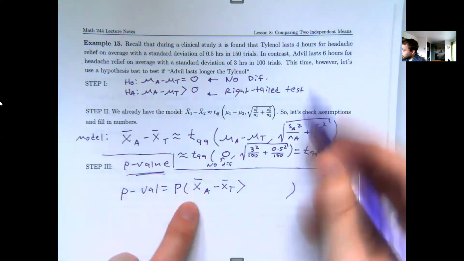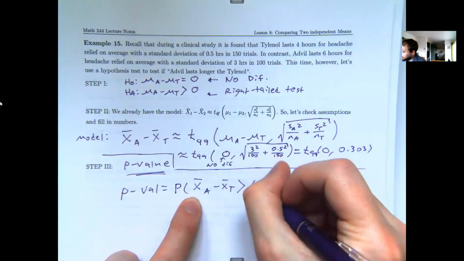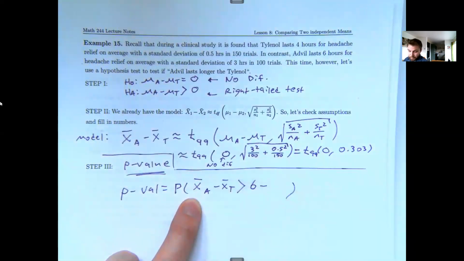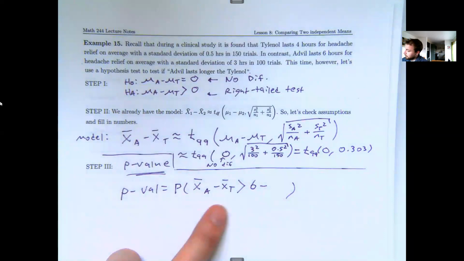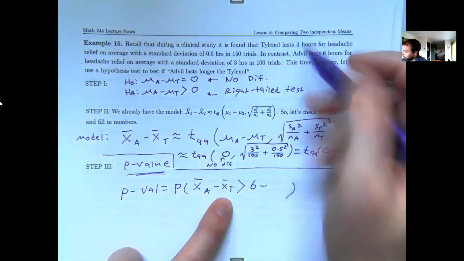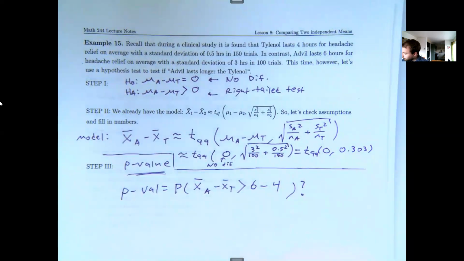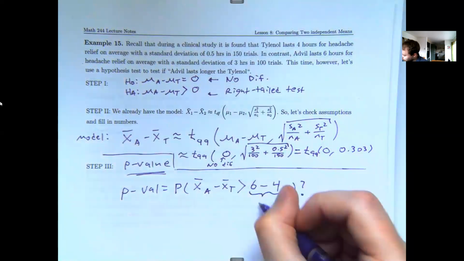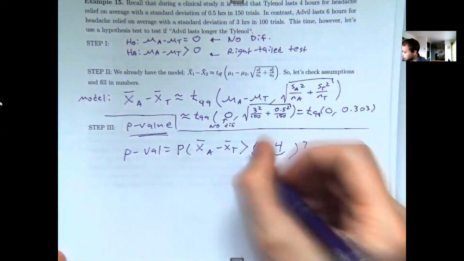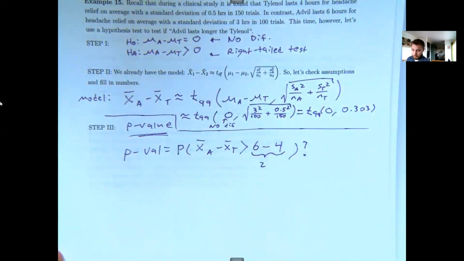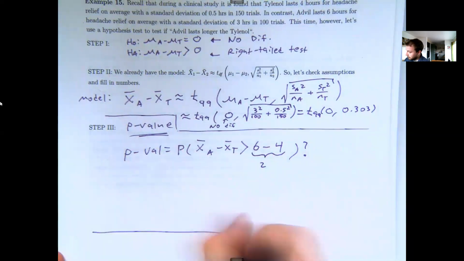My average for Advil was 6. This is the first time I'm using the X bars in this problem. The average for Tylenol was 4. So my value that I'm going to use when I'm doing value minus center over standard deviation, that number is going to be 2. So I'm going to draw out my curve and see what's going on here.